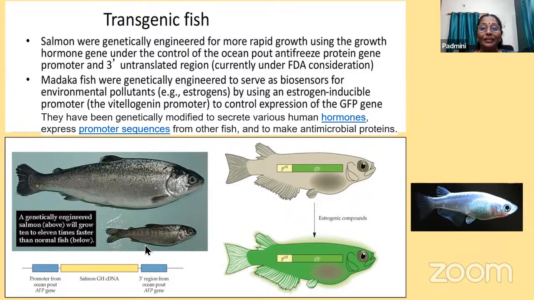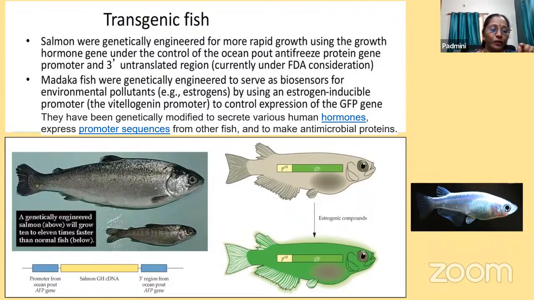That's called an antifreeze protein, and that's the reason why these fishes do not die in the Atlantic Ocean or other places where the water is very cold. So this salmon was genetically engineered using this antifreeze protein promoter region, and they added these growth factors.